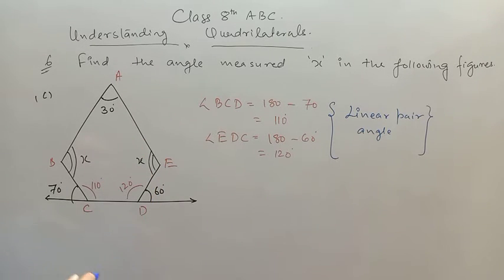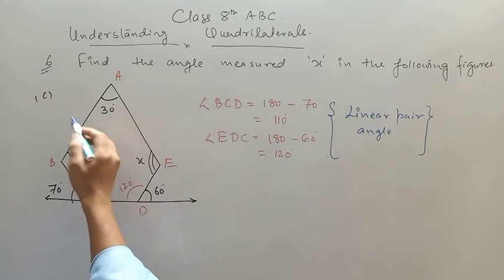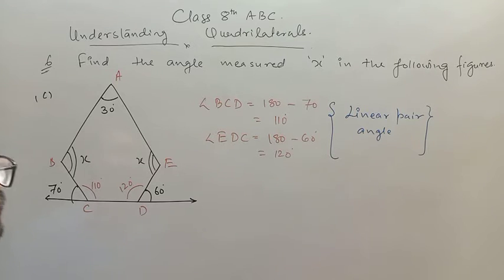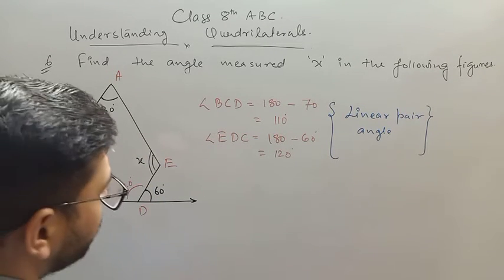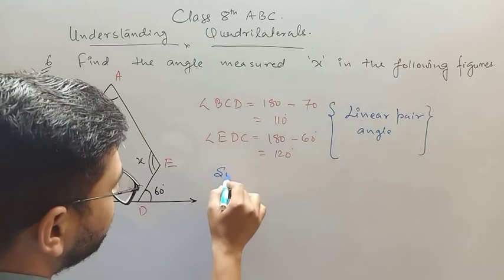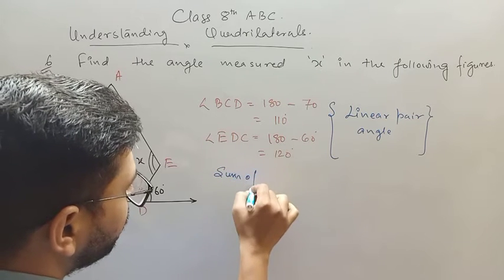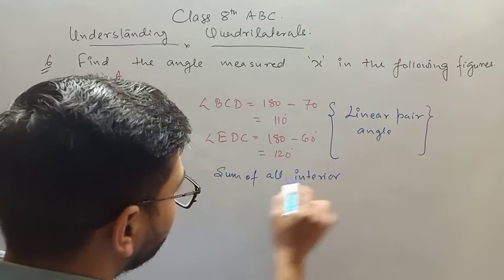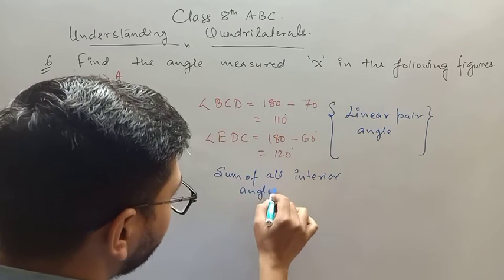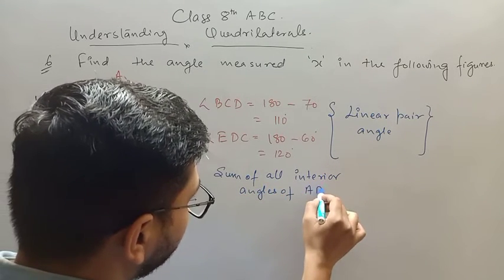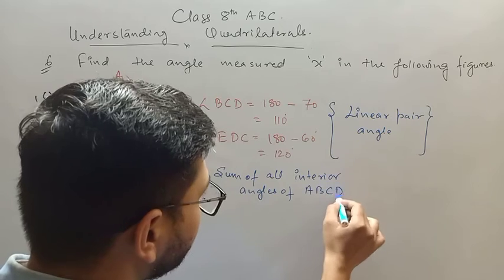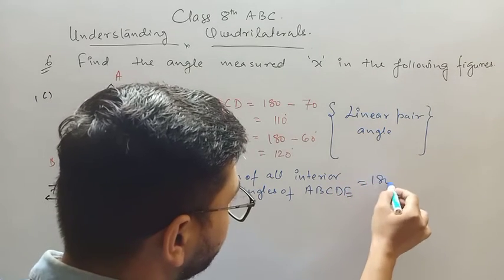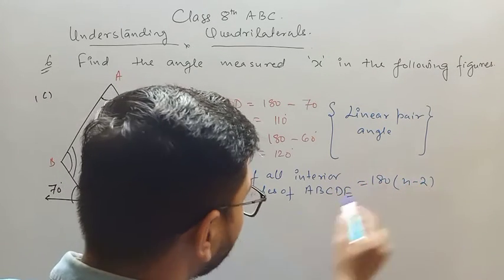Now this polygon has 5 sides: 1, 2, 3, 4 and 5. So you will say the sum of all interior angles of A, B, C, D, E is equal to 180 times n minus 2.